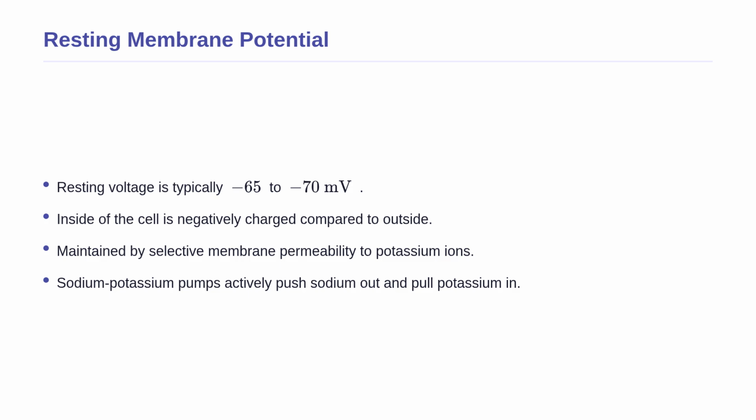Why is it negative? It is primarily maintained by two things. First, the membrane has selective permeability, which lets positively charged potassium leak out easily, leaving a net negative charge behind. Second, the sodium-potassium pump actively pushes sodium out and pulls potassium in. Without this electrical difference, the neuron would be completely dead and unable to communicate.